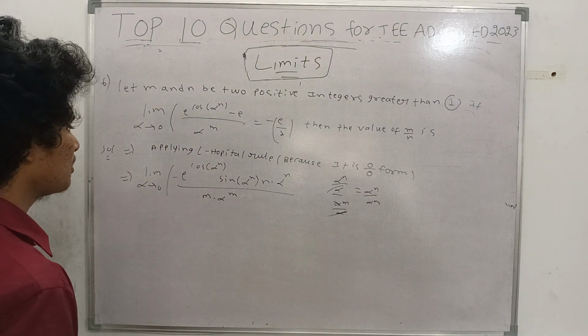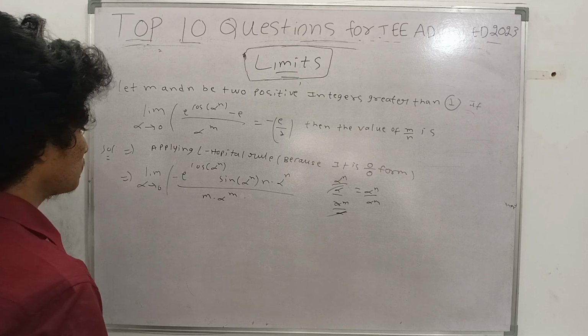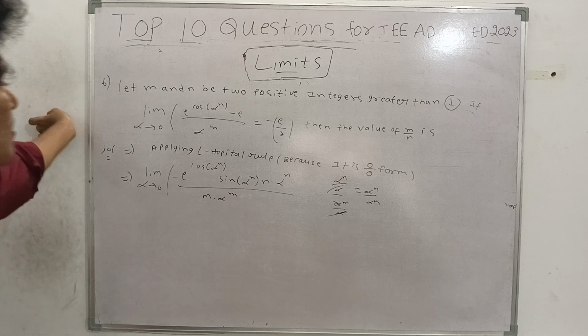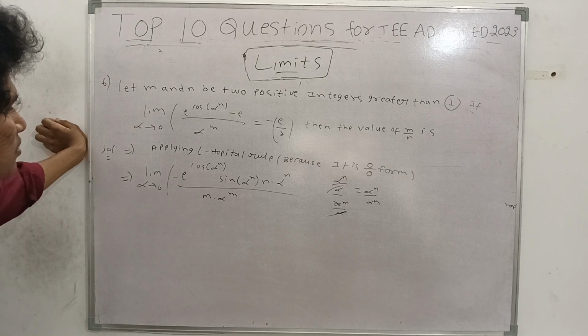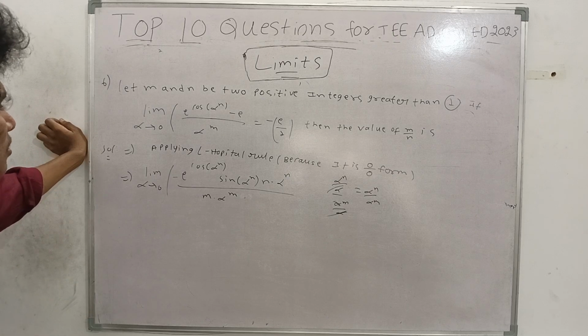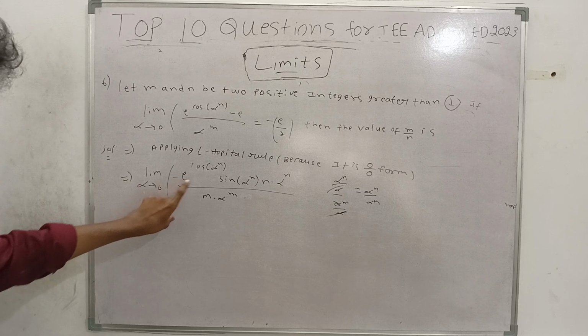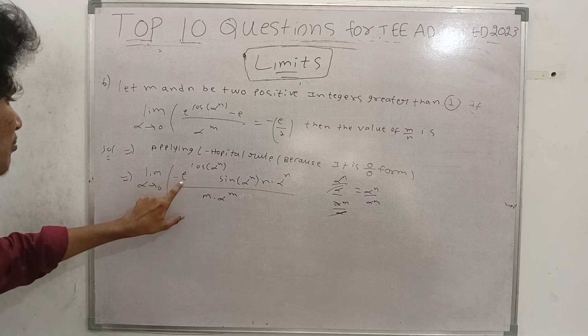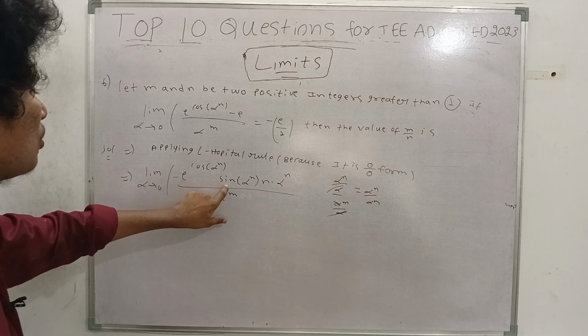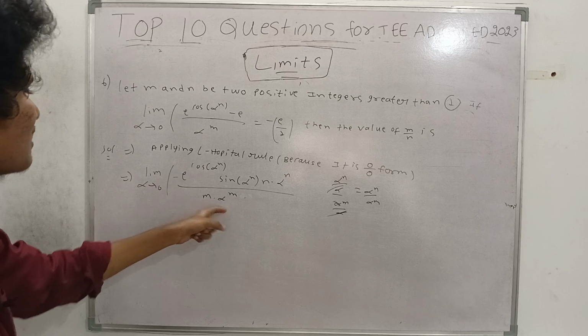Now we have to think what we can do. If we substitute 0 again, it will be minus e into 0, but here it is also 0.